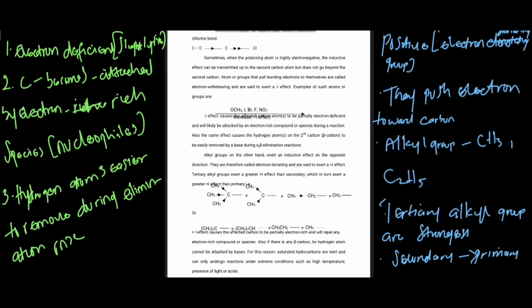Now let's talk about the effect. What does this positive inductive effect actually do in a molecule? Let me wipe my board so I can explain. Let me write: the positive inductive effect, what it actually does in a molecule when it comes to carbon.